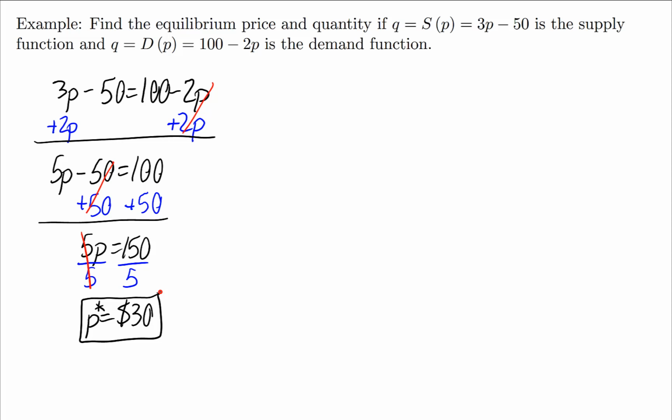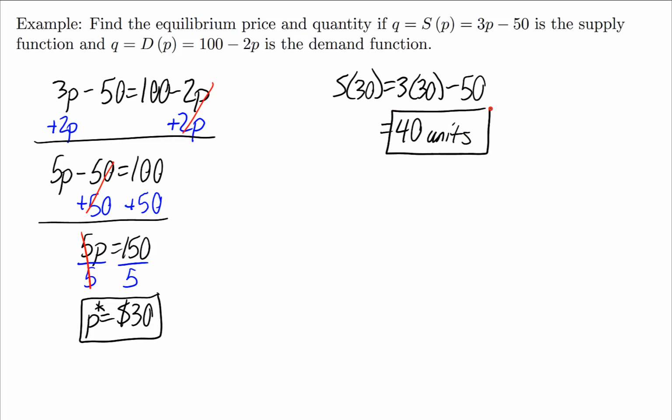I'll choose the supply equation. I'll do S of 30, which would be 3 times 30 minus 50, and I get 40. What are my units? Well, it's not really specified, so I'm just going to put units as my units. Whatever's being sold is your units in this case.